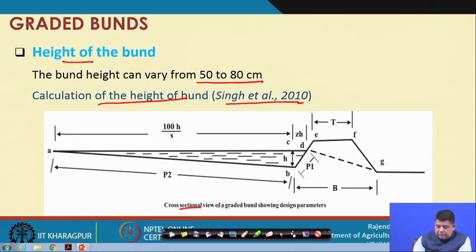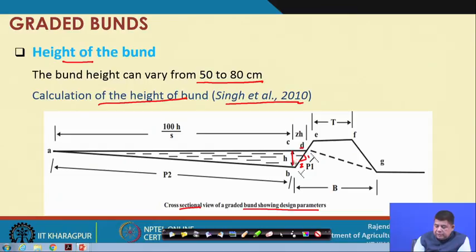And this is the cross sectional view of a graded bund showing design parameters. Most of the design parameters we have already seen, and some of these we will be using slowly. Here, h is the height of the bund, and d is this triangle. There are 2 triangles used here, ABC and BCD, and generally we use Z as Z is to 1 slope.